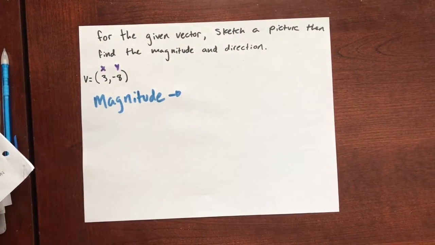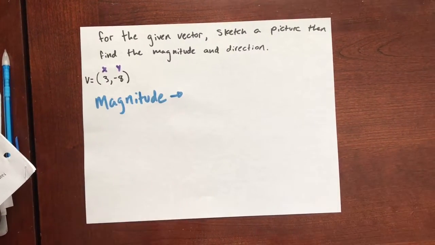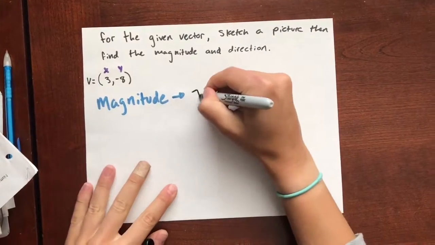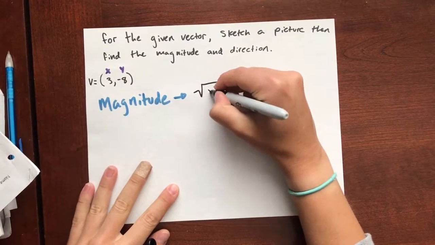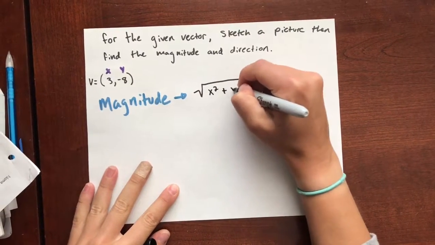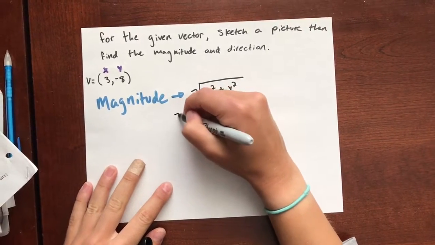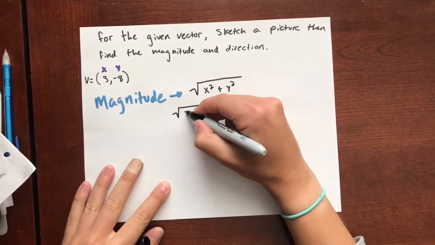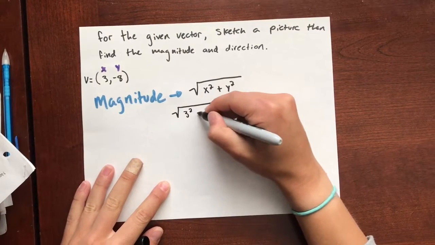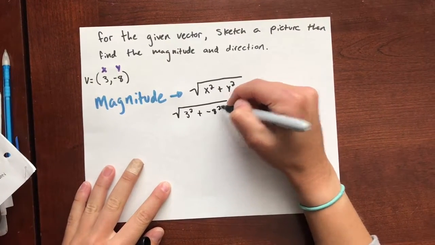the first thing you do is, this is the equation for finding magnitude. It's going to be the square root of your x squared plus your y squared values. So in our equation, it is going to be the square root of 3 squared plus -8 squared.